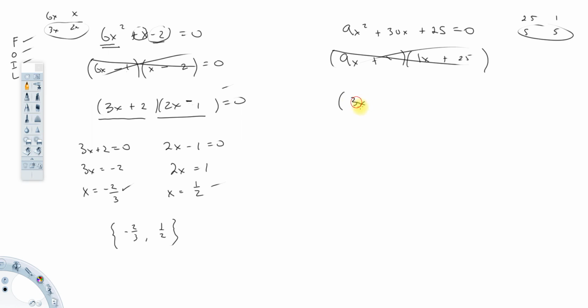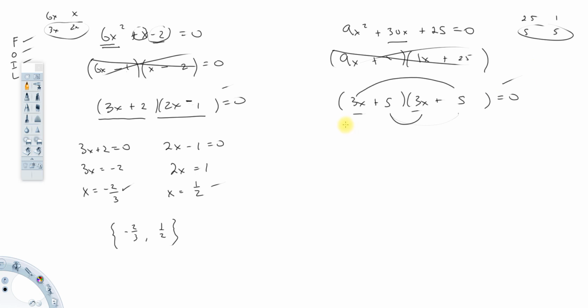And we're going to try 3x and 3x for our first terms. And let's try the plus 5 and the plus 5. And our first term works as it always should at this step. Outer term plus 15x, inner term plus 15x, there's our plus 30x, and plus 25. So there is our correct factorization.